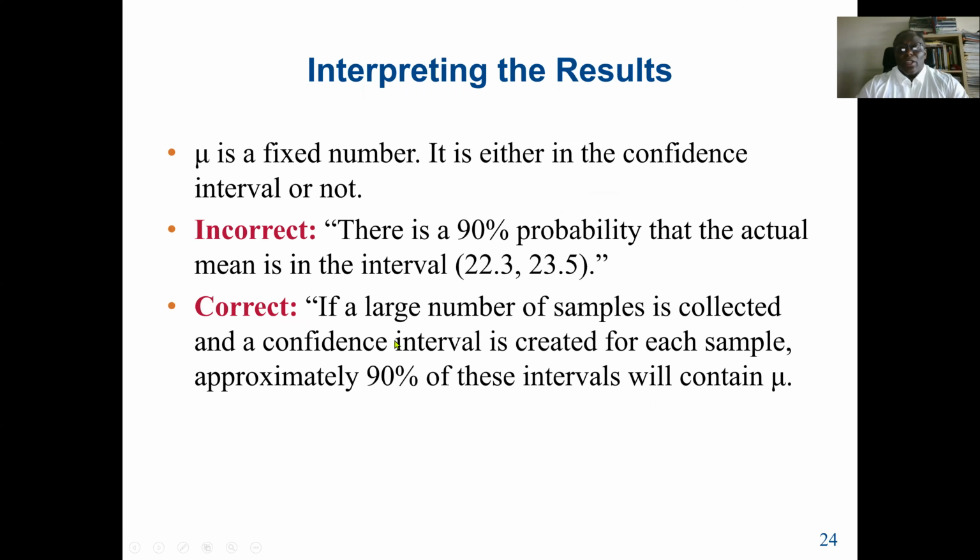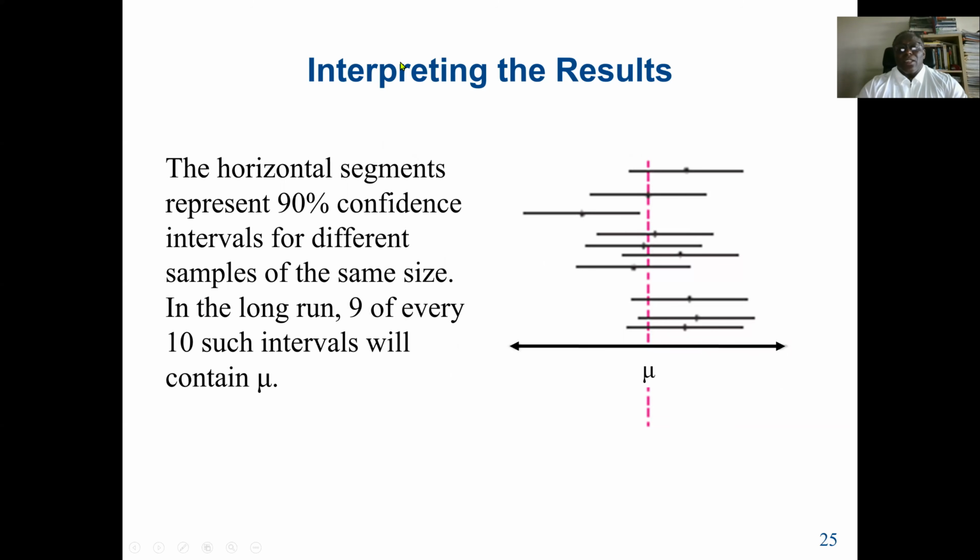We know the correct interpretation of the interval. The horizontal segments represent 90% confidence intervals for different samples of the same sample size. So in the long run, 9 of every 10 such intervals will contain the mean.